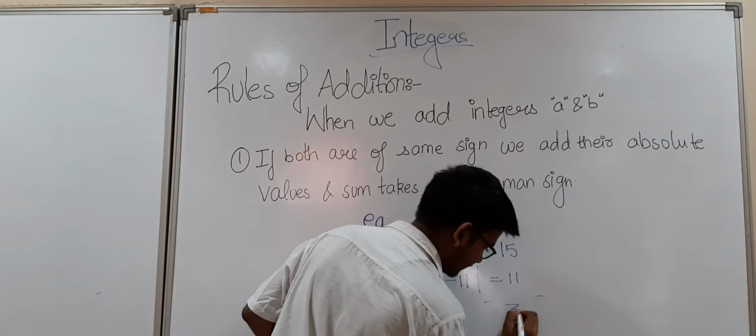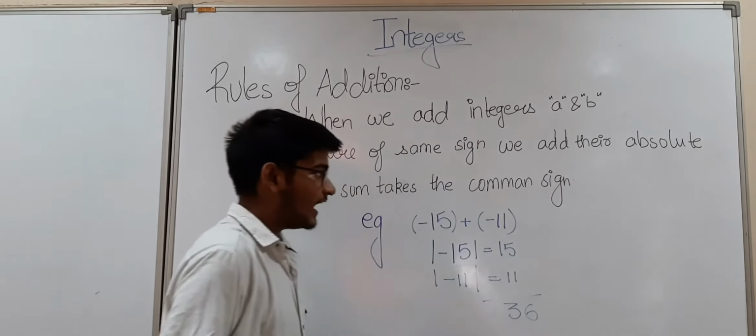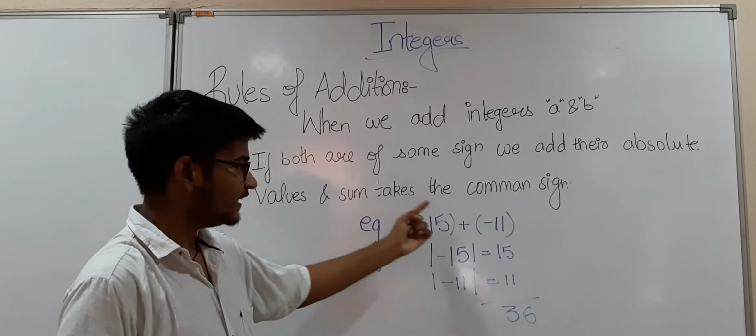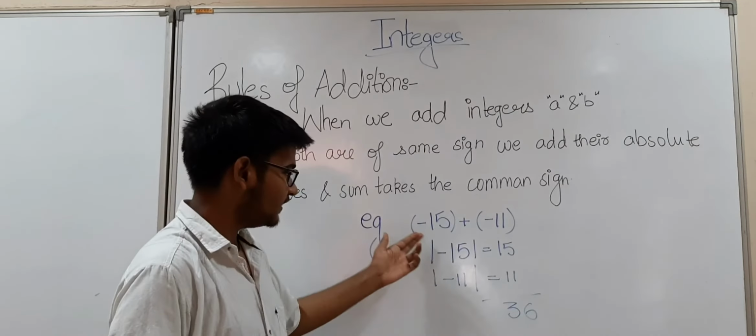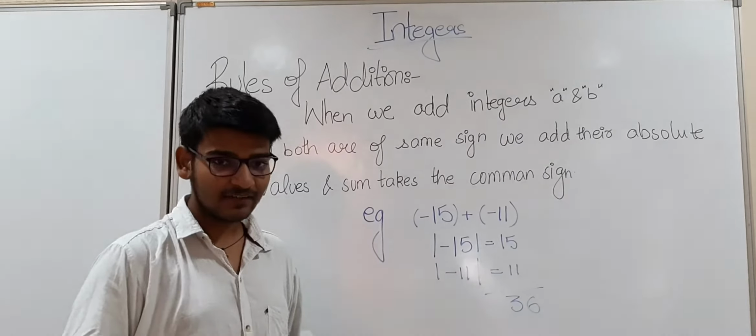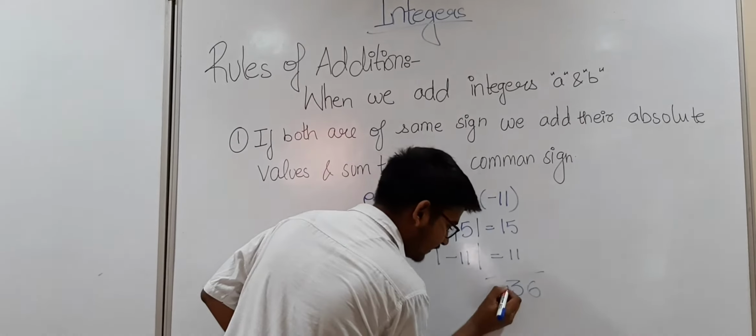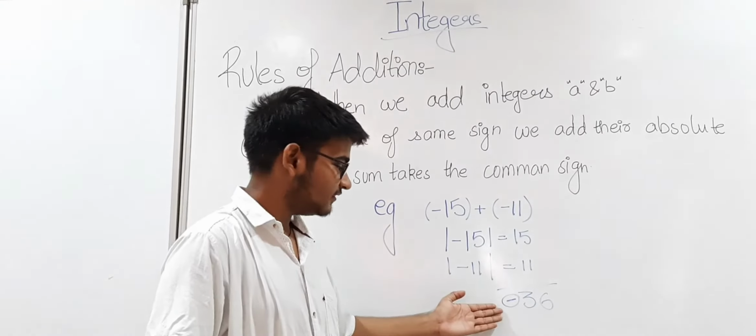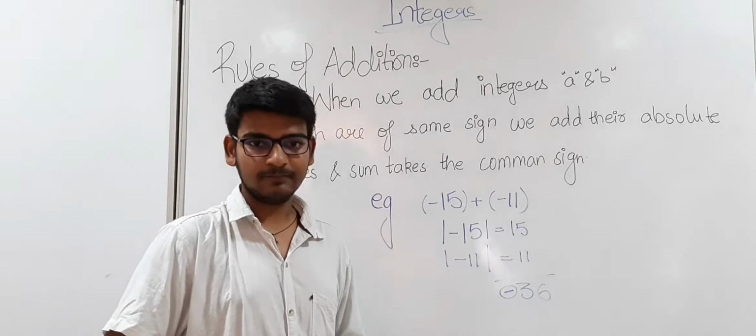So the sum will be 26. And according to the rule, the sum takes the common sign. Since the common sign here is negative, the sum will take the negative. So the answer will be minus 26.